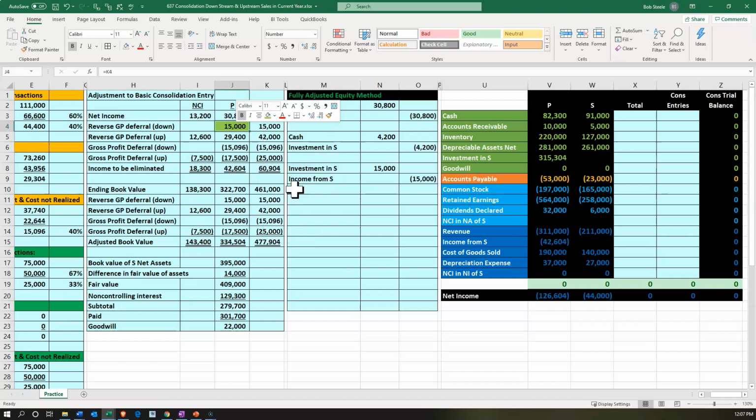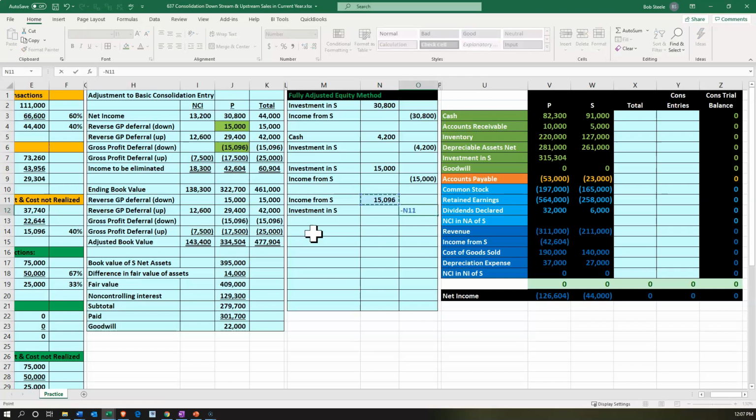And then we're going to say, then what happened? Let's move down to this one down below, because we're doing the down and then the down. And this is going to be like the opposite. So we're going to say income from S and investment is going to be negative of that number. That's the debit and the credit. So there are those two.